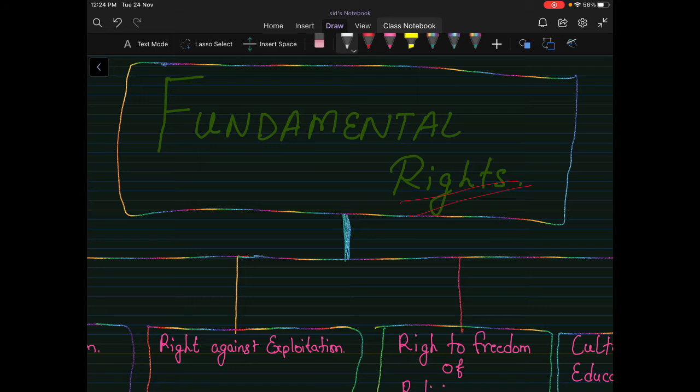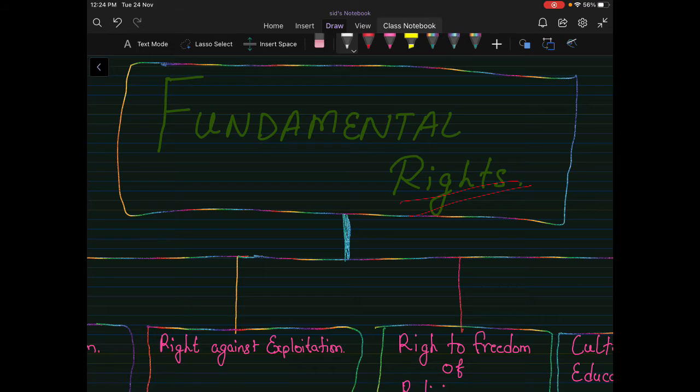Okay, students, now let us move on to the final subtopic, that is the fundamental rights. In this chapter, what we will be learning is the principles of the preamble and the 6 fundamental rights that we enjoy as citizens of India. So what do you mean by fundamental?